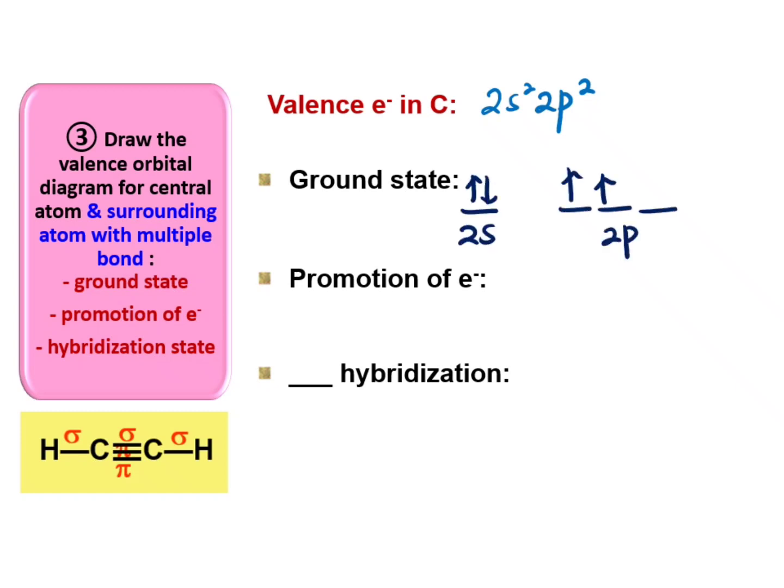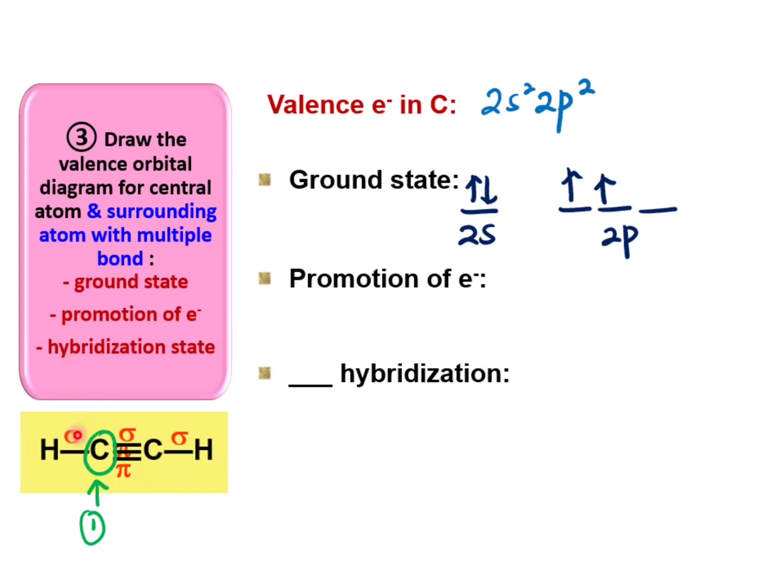Okay class, so now tengok dekat kita punya structure tadi. So kita tengok pada satu side of carbon sahaja. Ini kita fokus pada carbon yang ni. Okay, carbon yang pertama. Actually carbon yang kedua pun adalah sama. So you tak perlu buat valence electron orbital diagram ni 2 kali lah. Okay, you hanya buat sekali sahaja sebab sama.